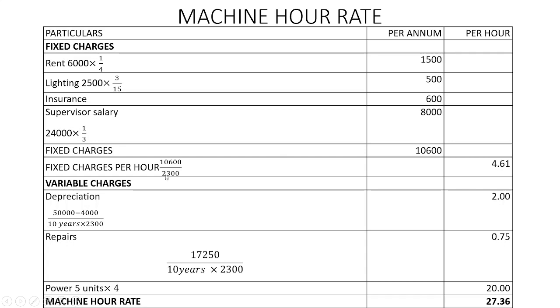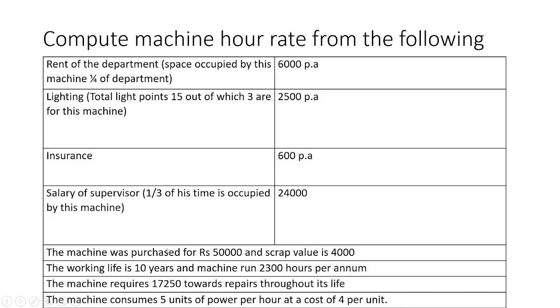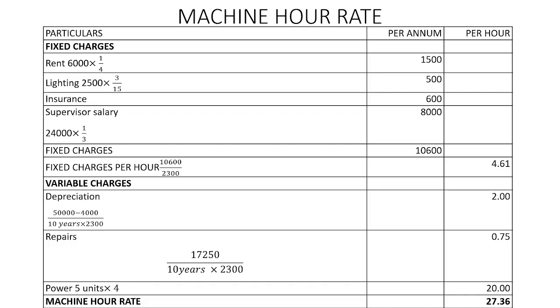Once you have computed the fixed charges, we find out the variable charges. We have depreciation. Machine was purchased for 50,000, scrap value is 4,000, the working life is 10 years and the machine runs for 2,300 hours per annum. Now, depreciation has to be found out per hour. So we are not going to find out per year or per month. We are going to find out per hour depreciation.